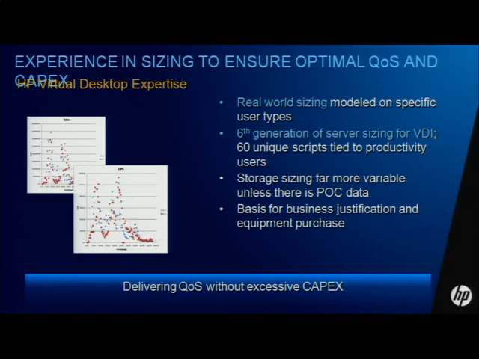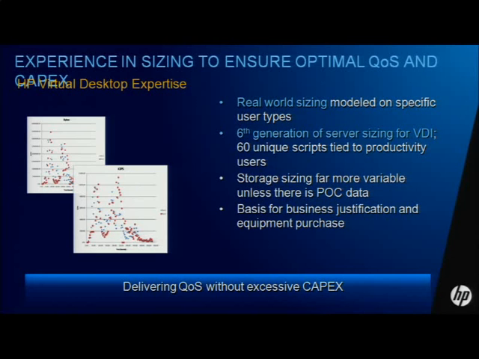And then we have what we call a knowledge worker, where we use 17 applications, and we're using things like Microsoft Visio and Microsoft Media Center. So we're really stressing the system with a knowledge worker scenario. We think we've got around 80 scripts.